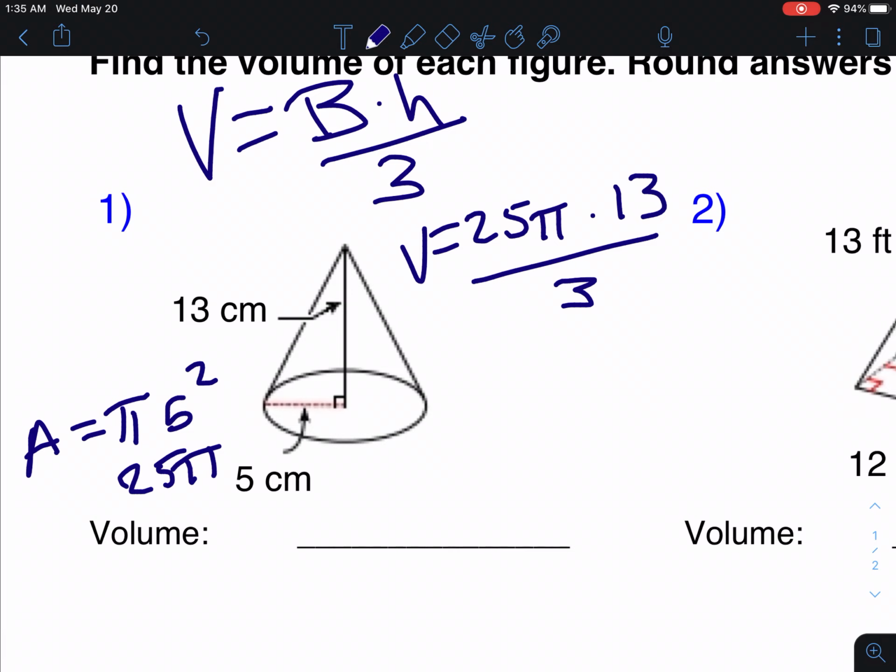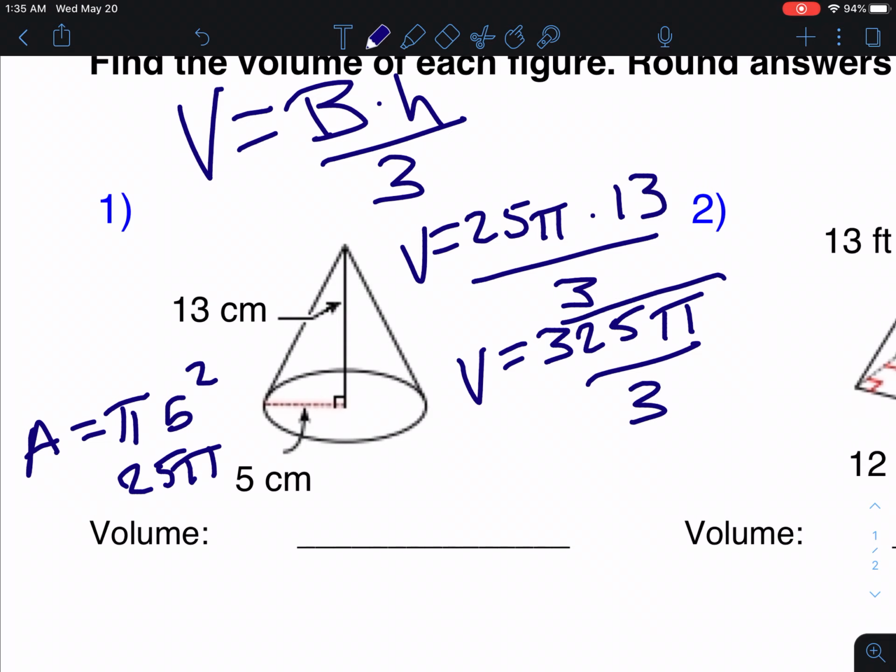And we get a fraction, 108 1/3. So we're just going to leave it like this as 325 pi over 3. And you are allowed to do that.